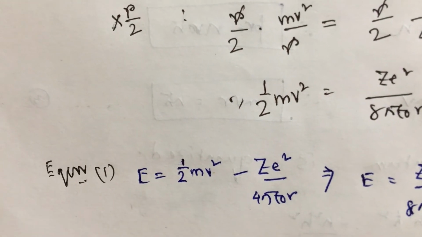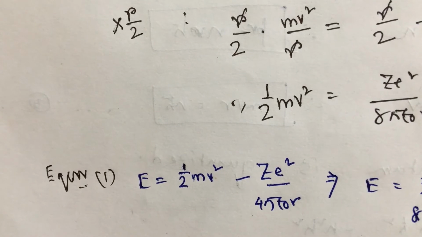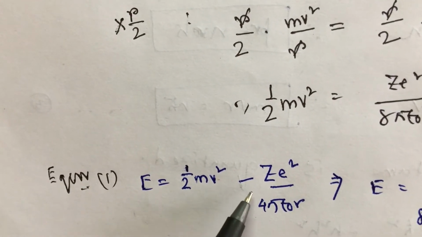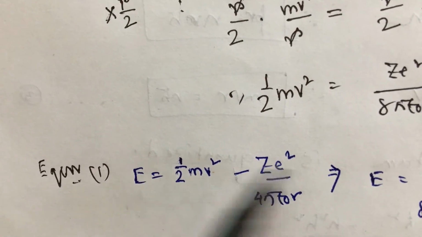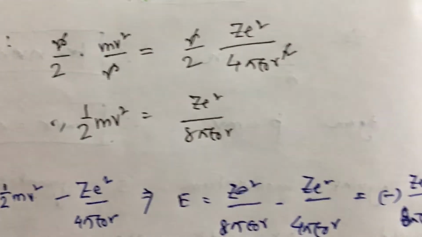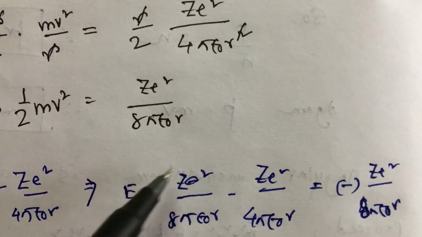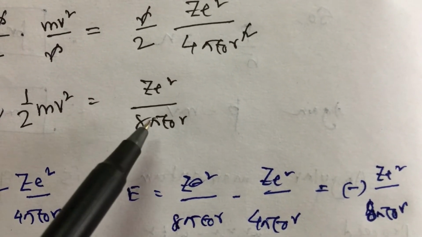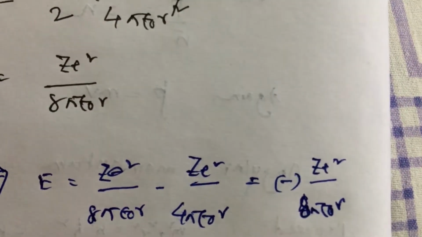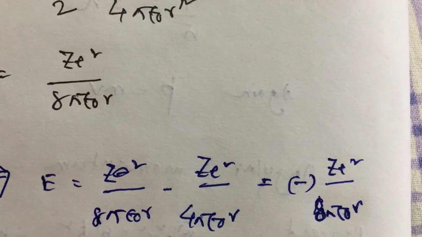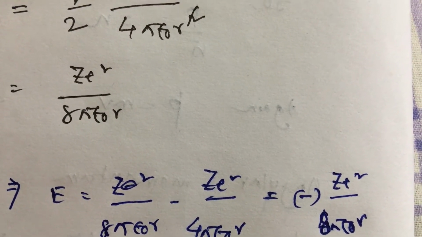Potential energy is due to the Coulomb force, which tells me that the potential energy equal to minus z e square by 4 pi epsilon 0 r. So I have for total energy this expression. I am just substituting the kinetic energy term from this equation, and I got total energy E equal to minus z e square by 8 pi epsilon 0 small r.